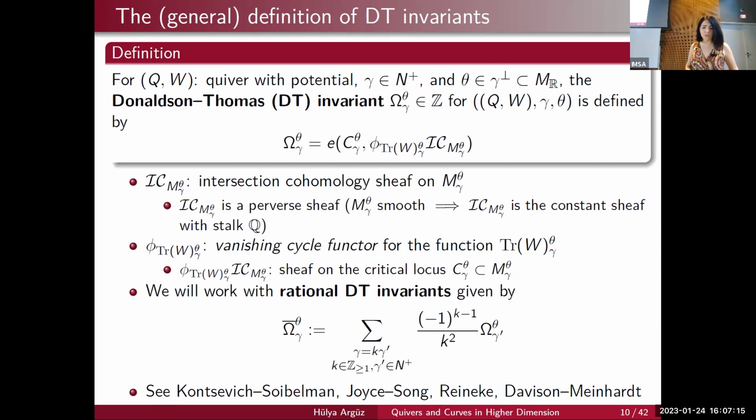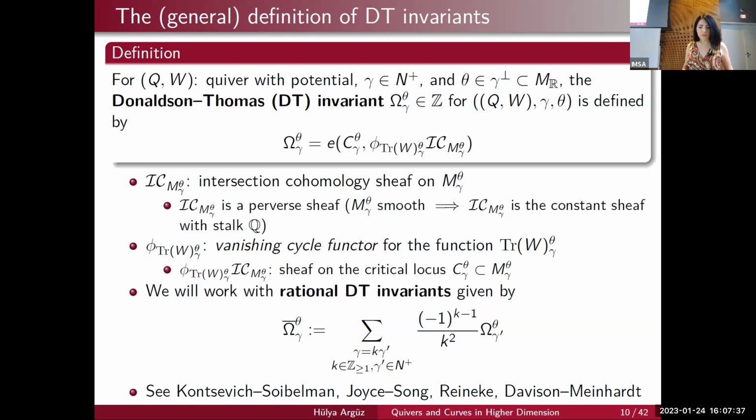And the sheaf you consider here, I will just tell you on this slide, I will not tell in detail, is called the intersection cohomology sheaf. This is a perverse sheaf. In situations when your moduli space is smooth, it's a constant sheaf with tau Q on your moduli space M_gamma^theta.